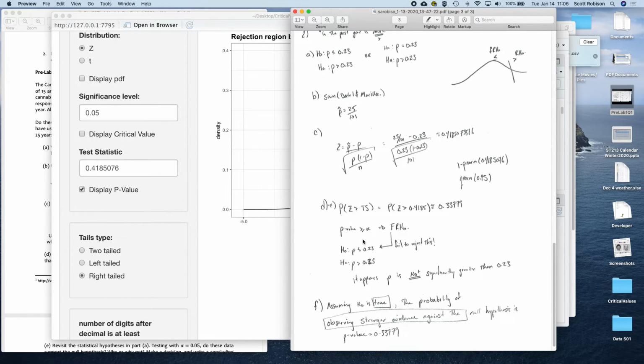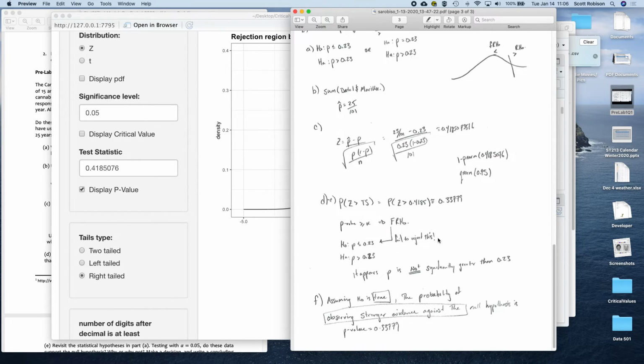So here I've written that as the probability of the Z distribution being greater than, because this is the same sign as this, the test statistic, which we just calculated here, happens to be this value. So that is what the p-value is. In this case, when the p-value is smaller than alpha, that's when you reject the null hypothesis. And when the p-value is greater than or equal to alpha, that is when you fail to reject the null hypothesis.